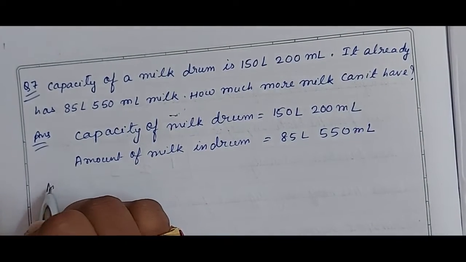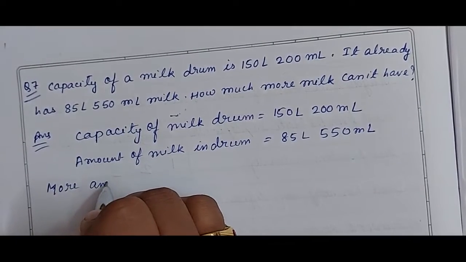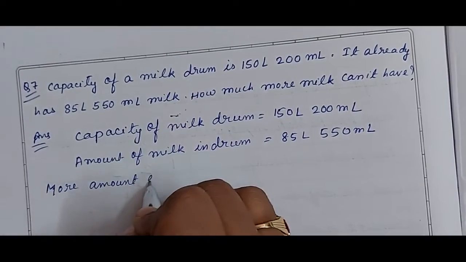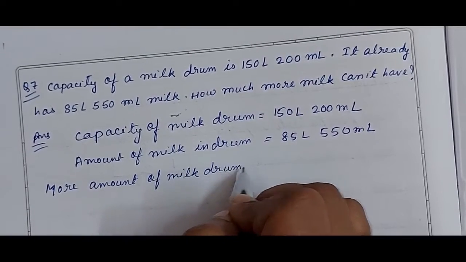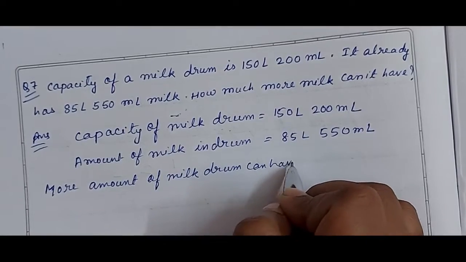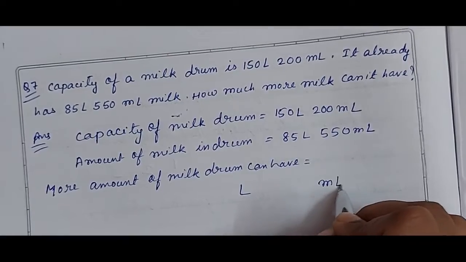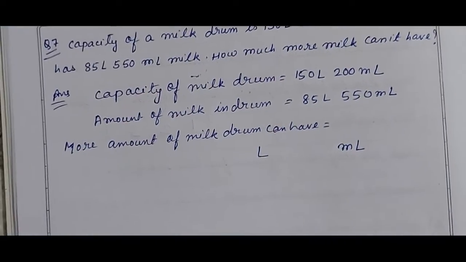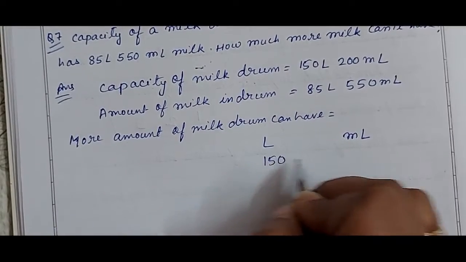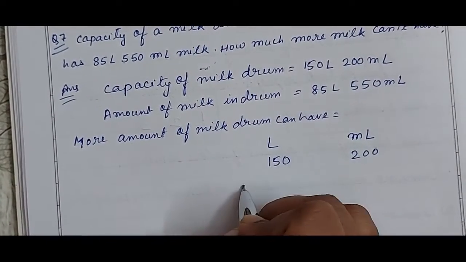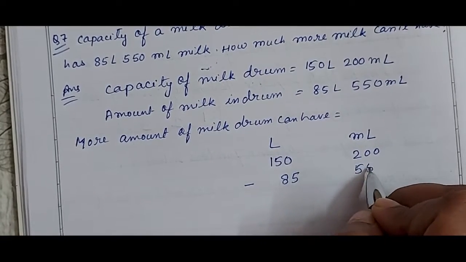So more amount of milk drum can have equal to, we will write here liters, here we will write milliliters, and now we can do the subtraction. Here under liters you write 150, under milliliters you write 200 minus 85, and here it is 550.